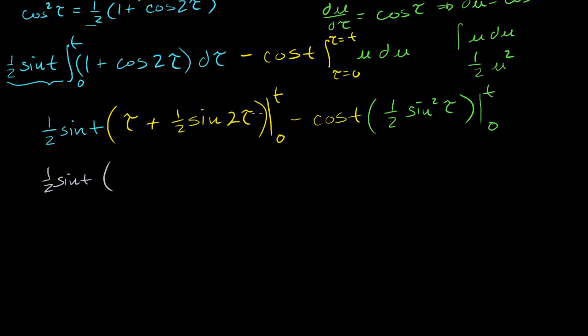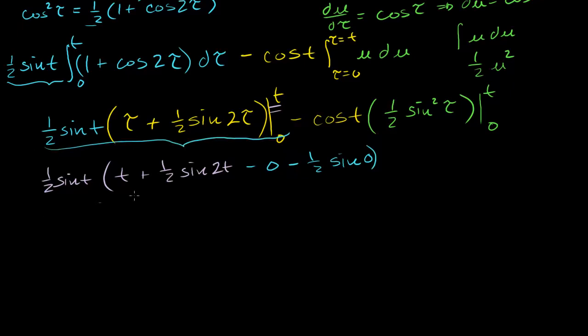Now, if I evaluate this thing at t, what do I get? I get t plus 1/2 sine of 2t. That's when I evaluated it at t. And then from that, I need to subtract it evaluated at 0. So minus 0 minus 1/2 sine of 2 times 0, which is just sine of 0, right? So this whole thing right there, what does that simplify to?